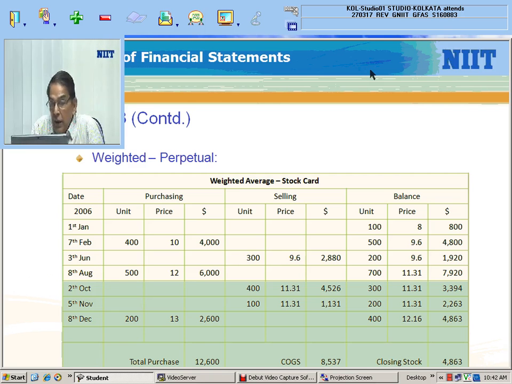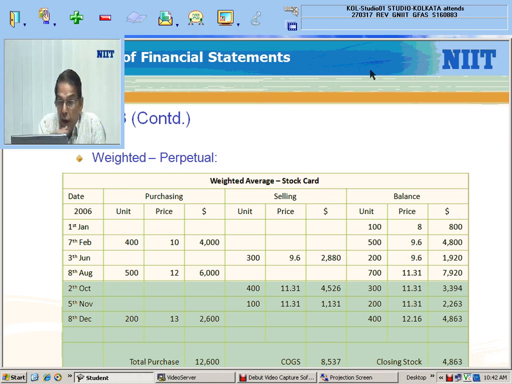On 3rd of June another sale is made. On 8th of August when another purchase is made, the cost goes up to 11.31. And on 8th of December, the average cost goes up to 12.16. So it will keep on changing depending on the change in the purchase price.